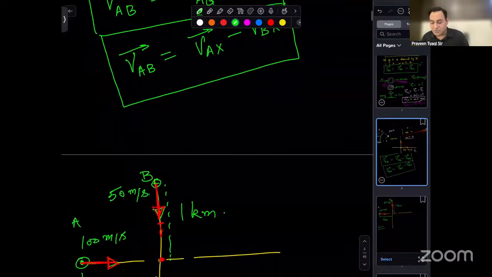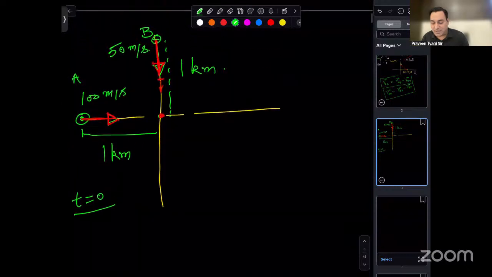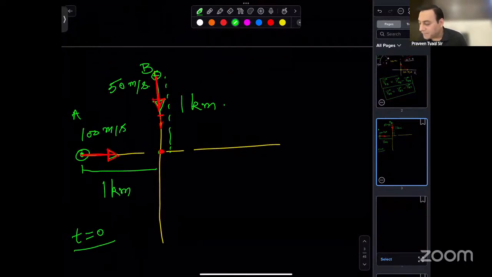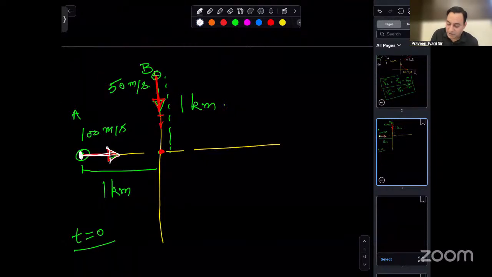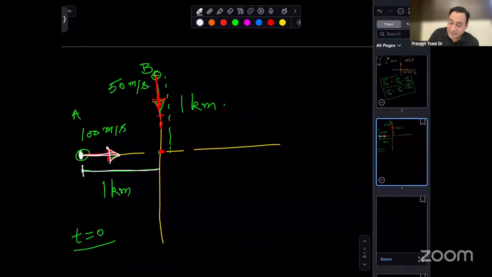And then I did some questions, made you understand. And now I gave you a question where A is moving along the x-axis in this direction with 100 meter per second, and it started 1 kilometer away from the origin. At the same time, B started.